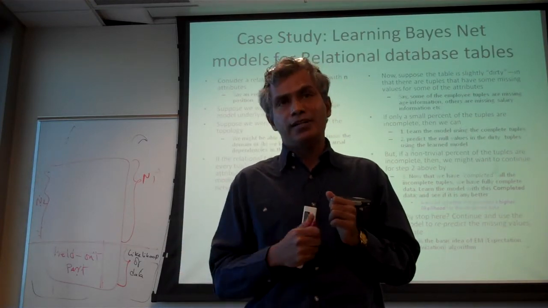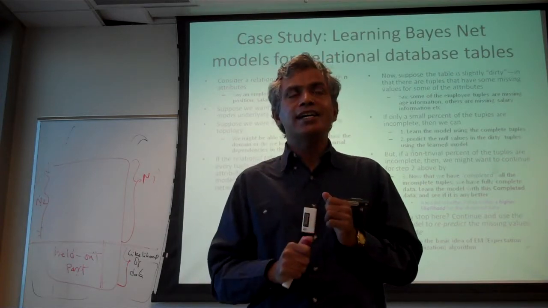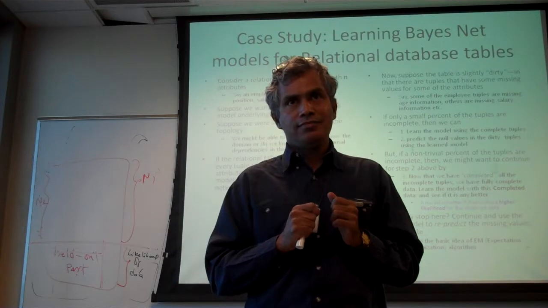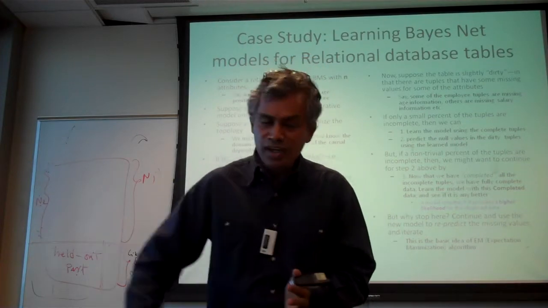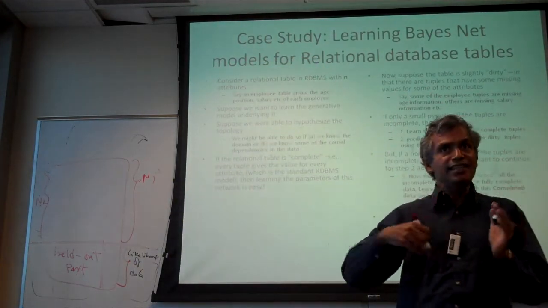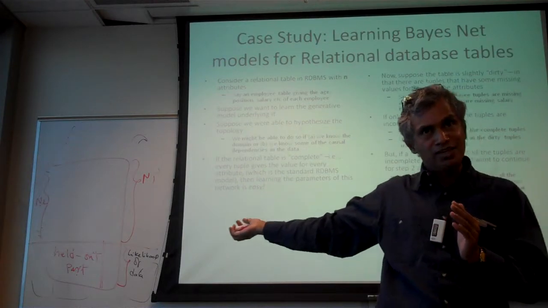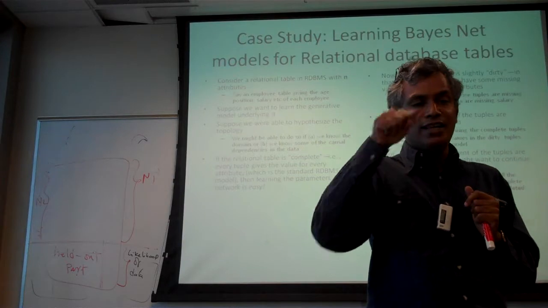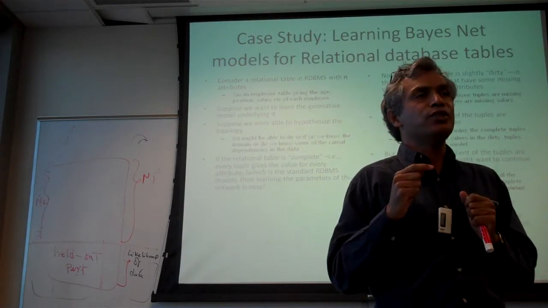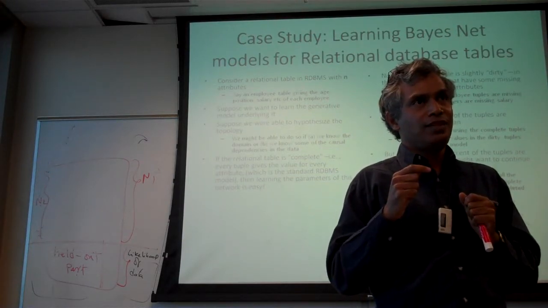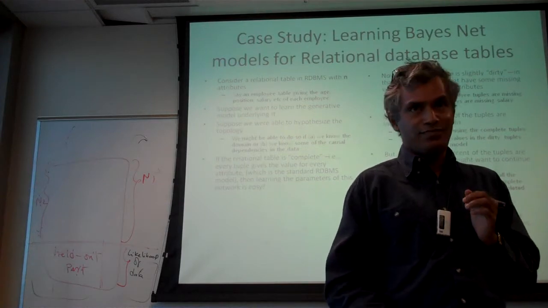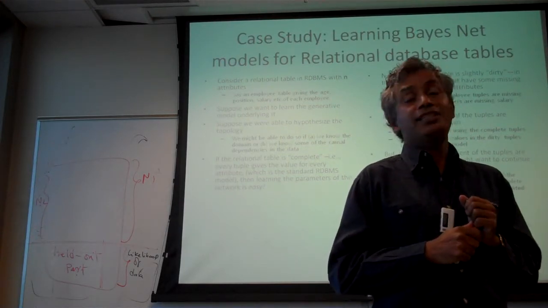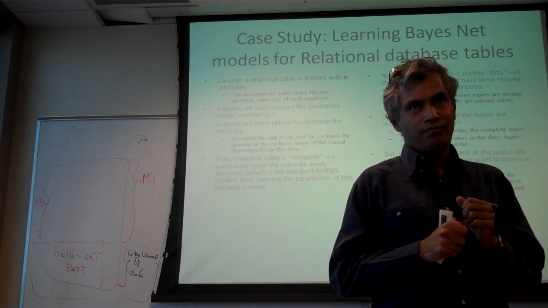That's the inference part. When you took the newly completed data and learned the model again, that is maximum likelihood estimation of parameters. That's learning. So you're doing learn, infer, learn, infer, learn, infer. When do you stop? When the likelihood no longer increases. This is basically EM.